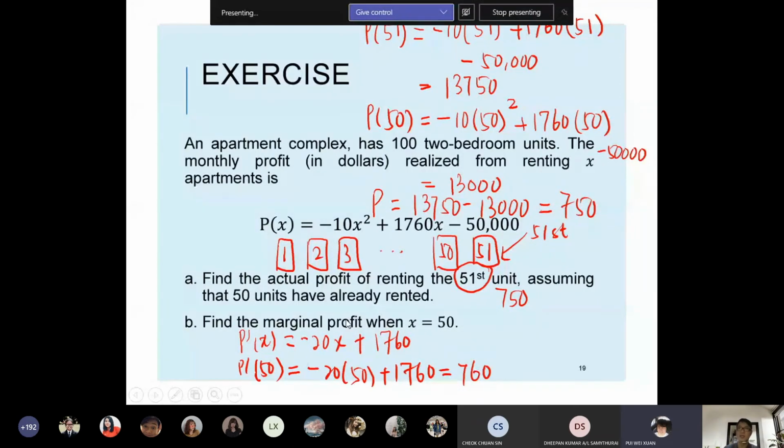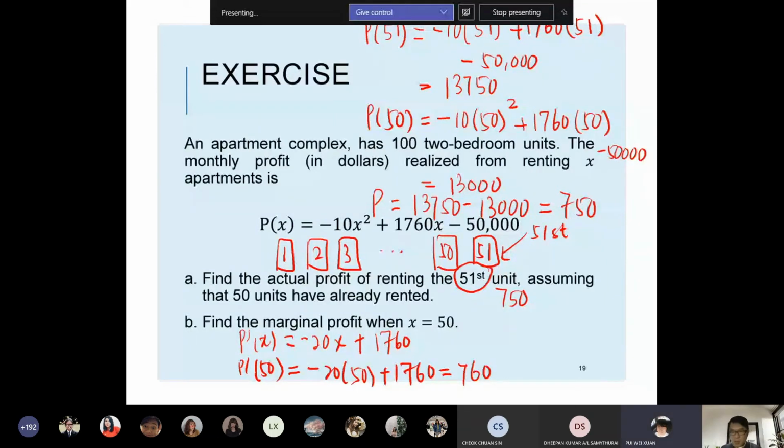Profit. What else? Besides profit, what else? Okay, it's okay. Thank you, Wenxuan.